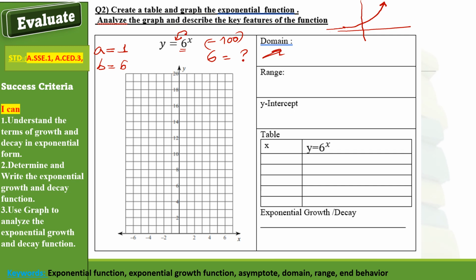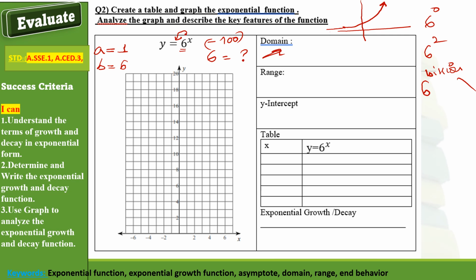It means there is an answer. If I put 6 to the power of 0, I have an answer. If I put a positive number, 6 to the power of 2, it gives me 36. If I put 6 to the power of a billion, for example, does it give me a number? Yes, it gives me a number, which means any number I put, I get an answer.